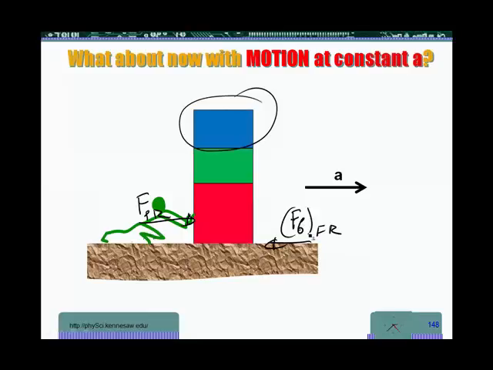Let's check the blue one. What's happening with the blue one? We see it accelerating. If it is accelerating, that means there must be a net force acting on it along the horizontal. Now, if there is a net force acting on it, who's going to exert that net force? When you examine things carefully, there is nothing but friction between the green and the blue box that's capable of exerting that force on it.